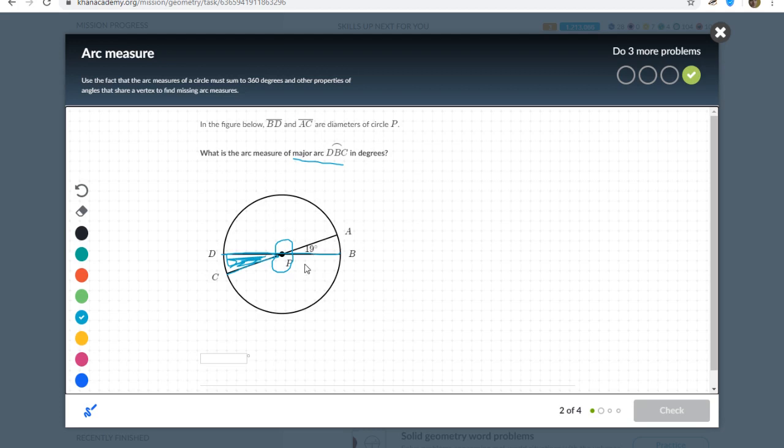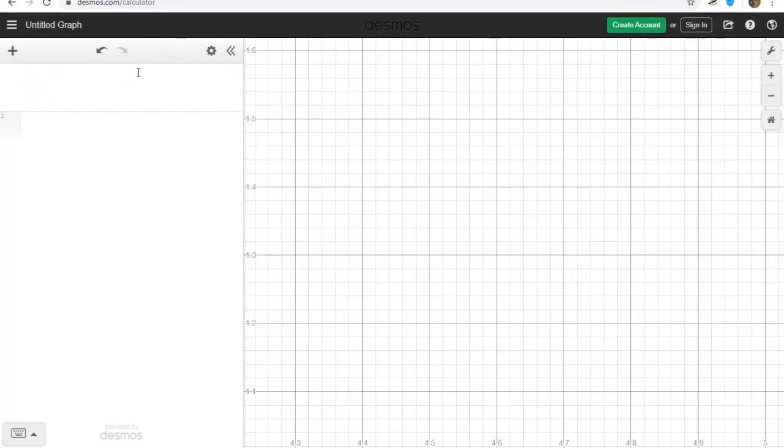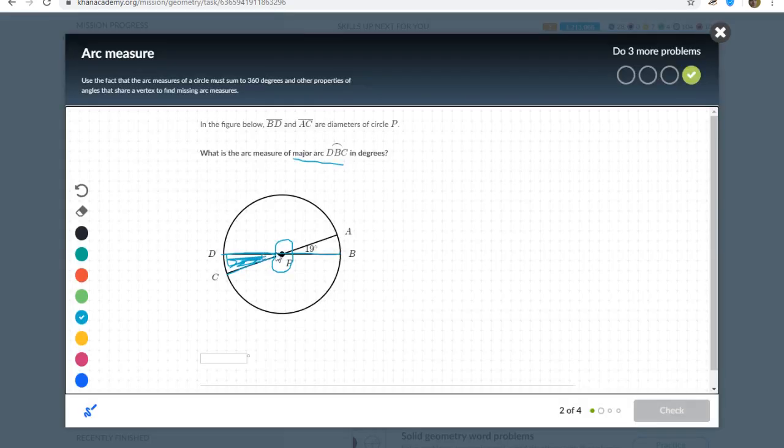We want everything else. And we know since these two angles are between diameters, that both on this side and this side, they have to be the same measurement. So literally, it's the whole circle minus 19 degrees. So 360 degrees in a circle minus 19 degrees. This whole thing is 341 degrees.